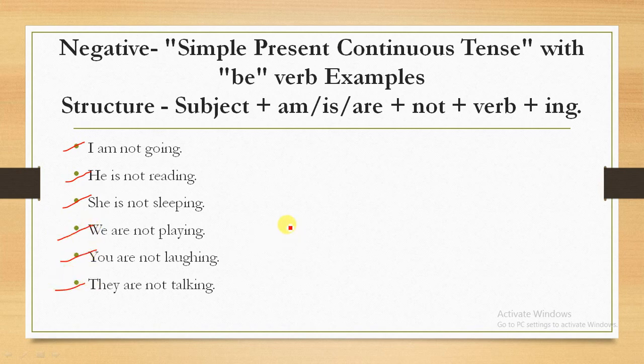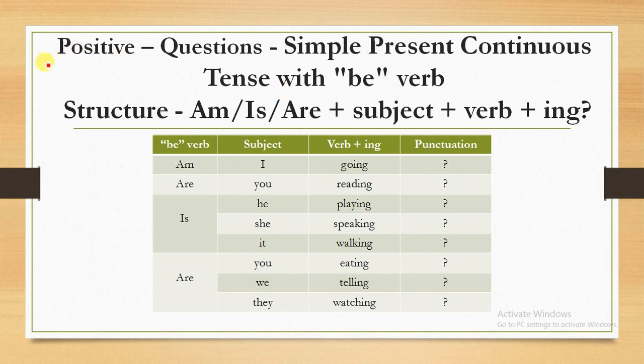Okay, then let's go through some positive sentences with the help of some questions, right? Suppose we want to ask someone whether they are doing any particular thing or not. In this case we need to create sentences in this way. What we need to do is just replace the subject with the be verb.